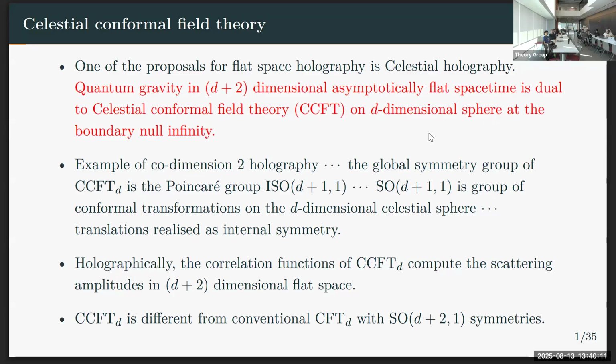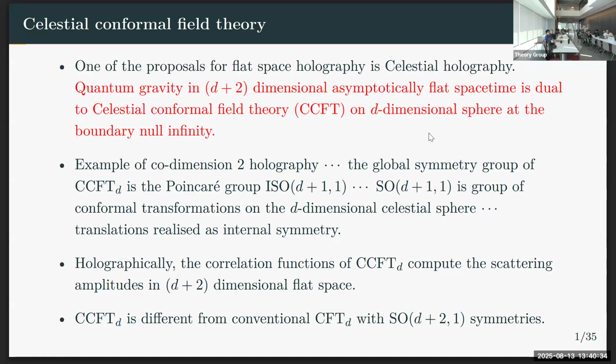And it's very different from the conventional codimension 1 holography that we are used to in the form of the AdS-CFT correspondence, where the dual theory to quantum gravity lies at the codimension 1 boundary of the space-time. But here, like I said, this dual theory lives on the d-dimensional sphere at the boundary null infinity.